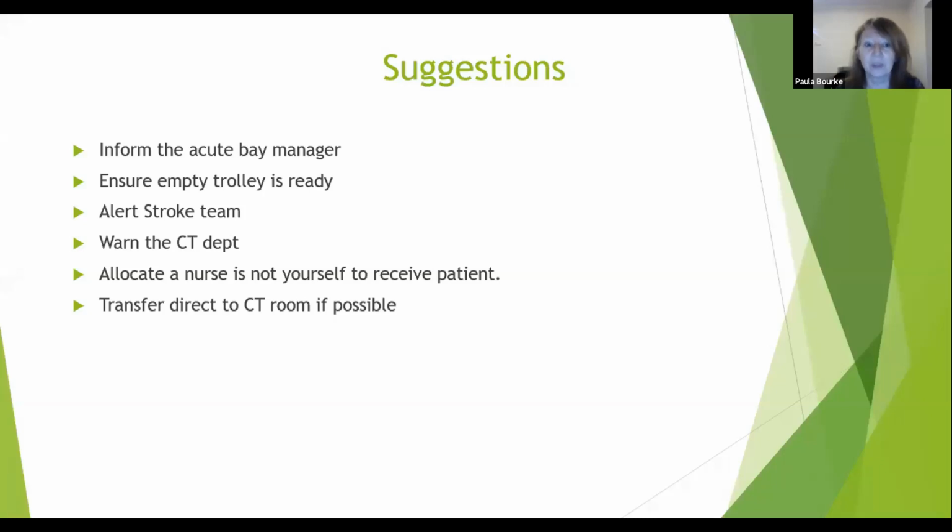You want to make sure that there's an empty trolley. You alert the stroke team. By the time you get hold of them, you may have 10 or 12 minutes left. So you say, there is a suspected stroke in the window time, ambulance have pre-alerted us. Can you get down? So somebody can already be on their way. They can literally meet them at the door.